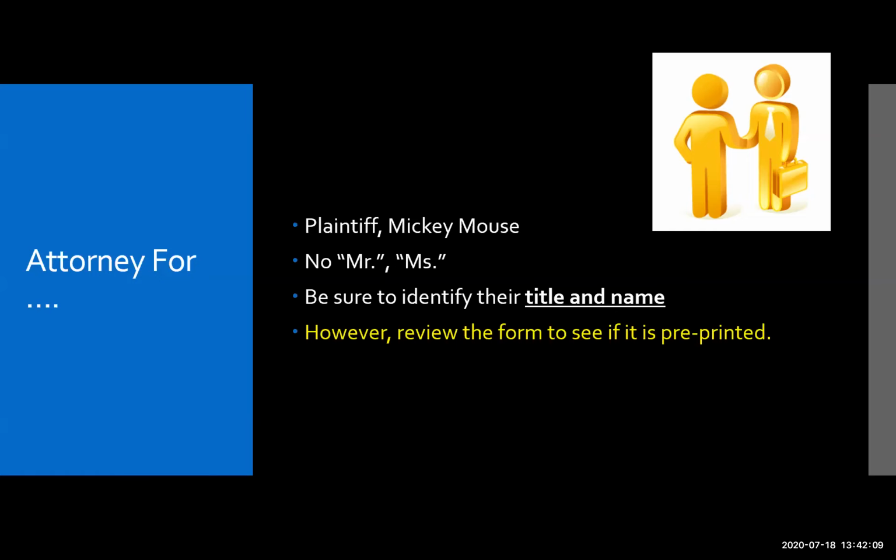It says plaintiff Mickey Mouse. If you just write plaintiff and there are a couple plaintiffs, I don't know who you're talking about. If you just write Mouse and you don't indicate whether the mouse is the plaintiff or defendant, I don't know who you're talking about. So our rule is you always do title and name.